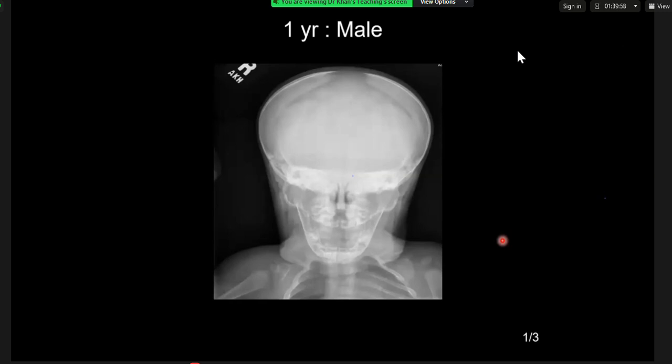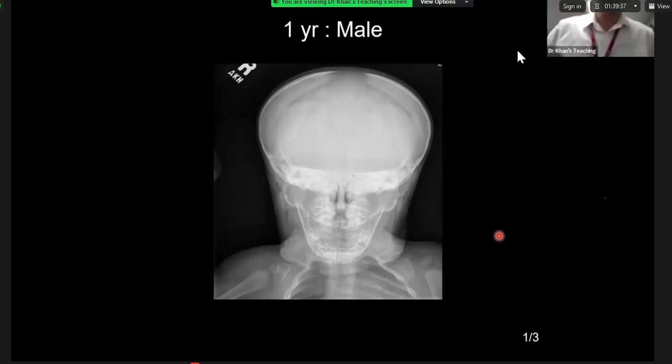This is a frontal radiograph of the skull of a 1-year-old male, showing increased bone density of both. Don't worry about bone density.